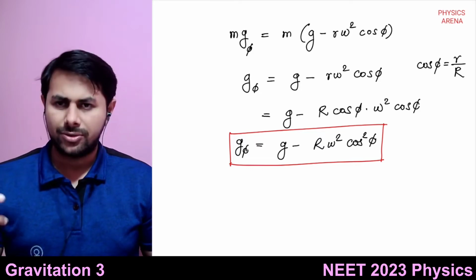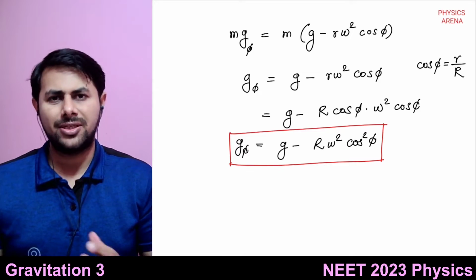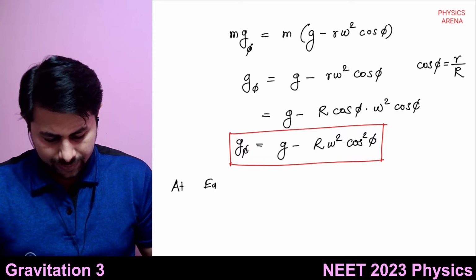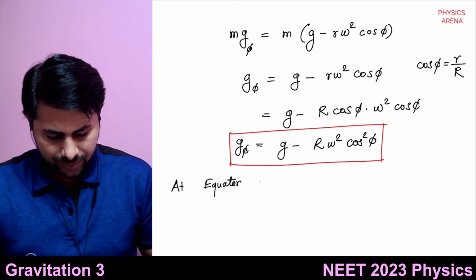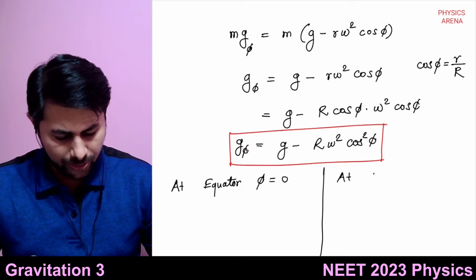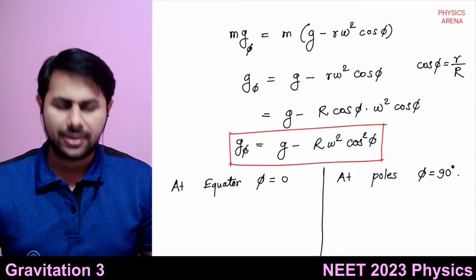Now we'll see two special cases. One is phi equals 0, which means the object is at the equator, and at the poles phi equals 90 degrees.